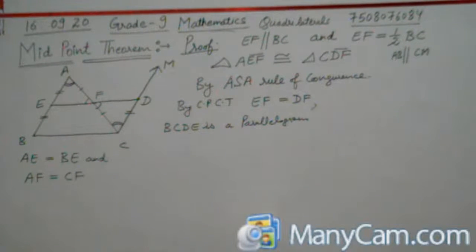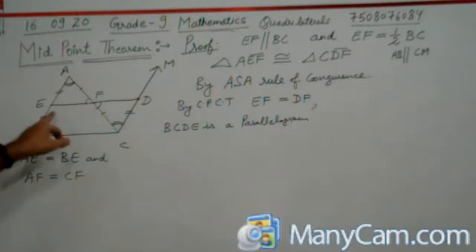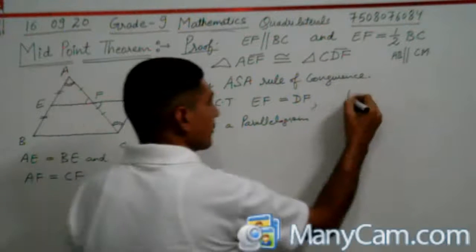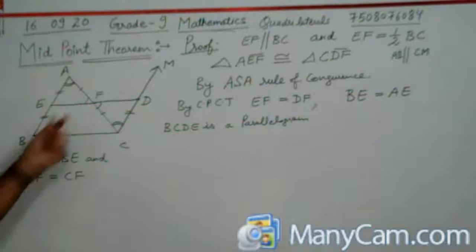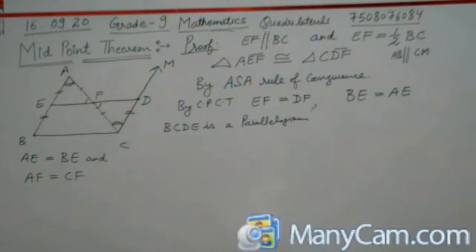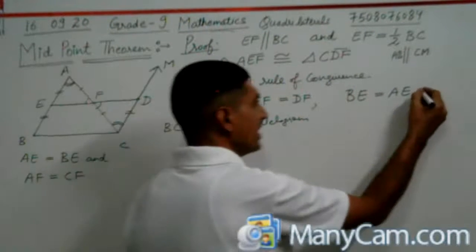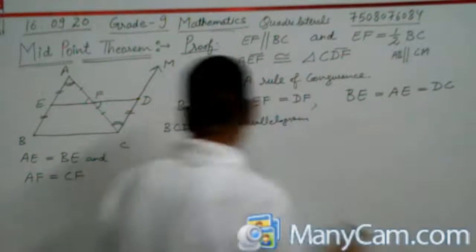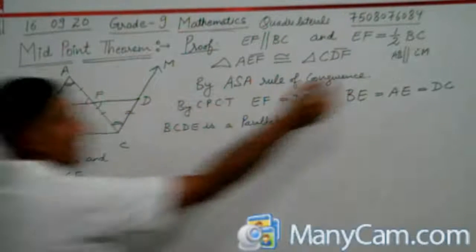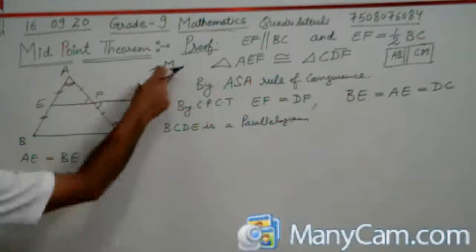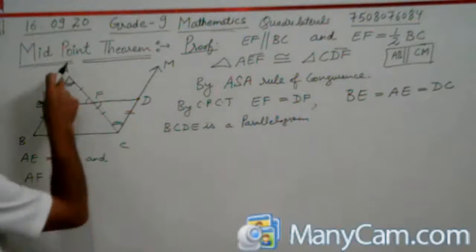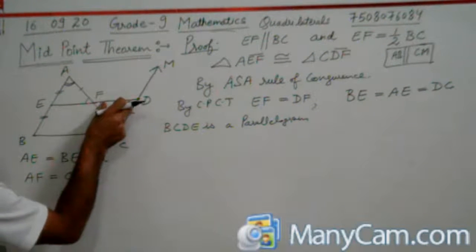BCDE is a parallelogram and BE is equal to AE. BE is equal to AE, and it is further equal to your BC also. That's why, already by construction we have taken AB parallel to CM, and here EF is equal to DF.